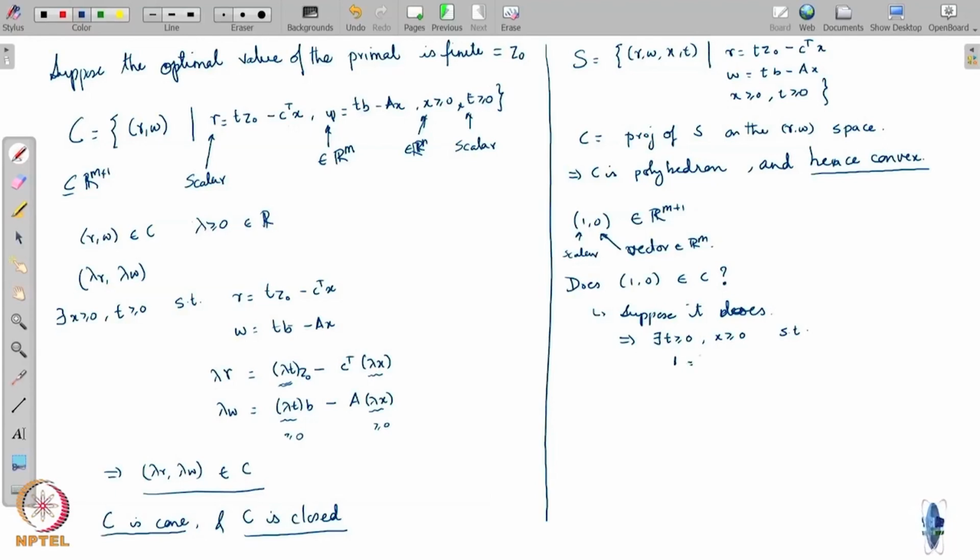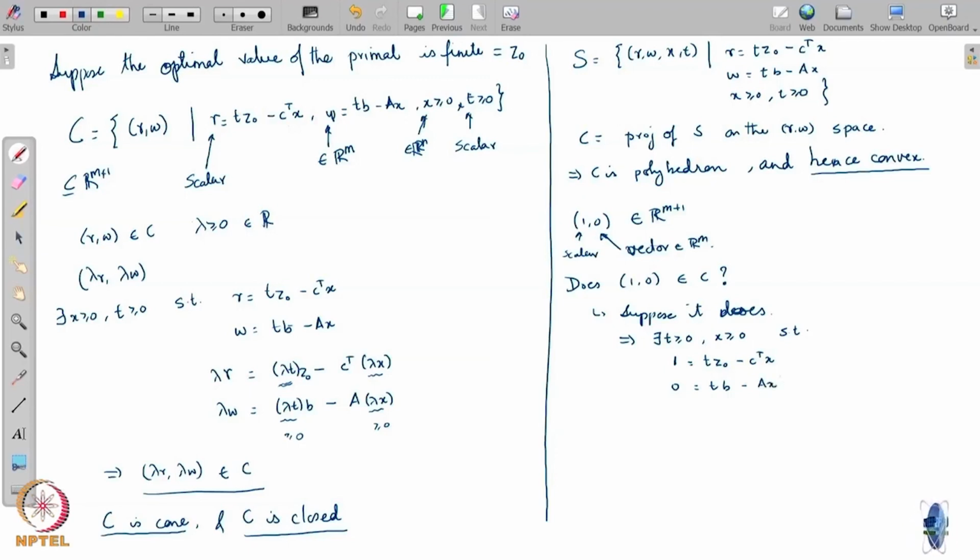So, r being 1 means that 1 is t z0 minus c transpose x, and w equal to 0 means that 0 is equal to t b minus A x.